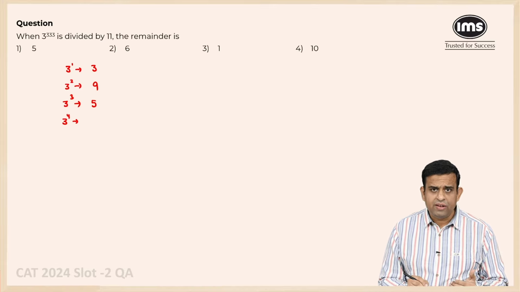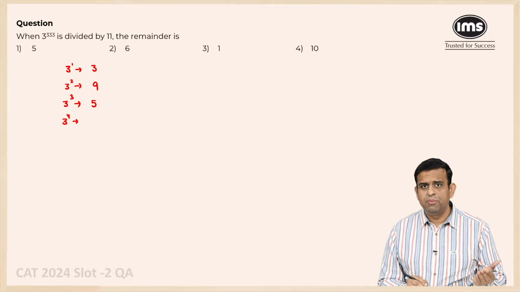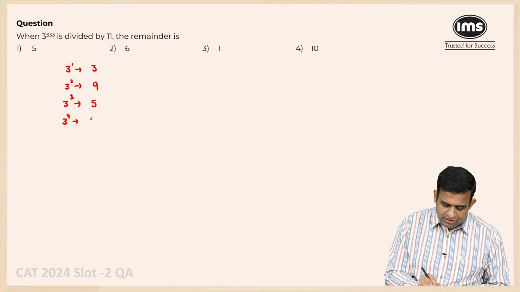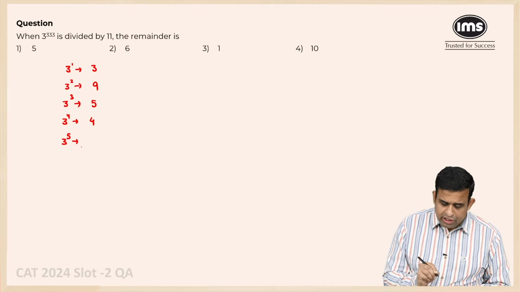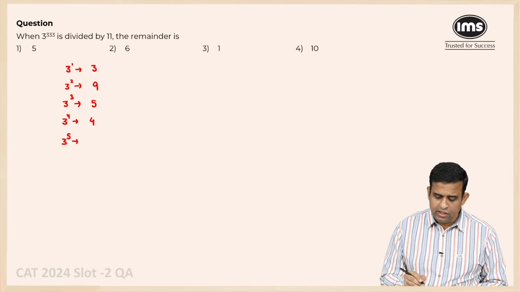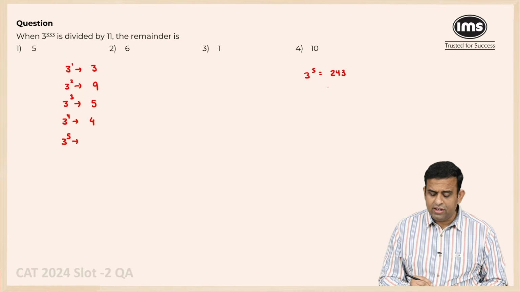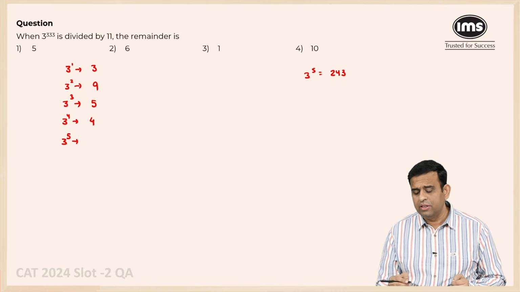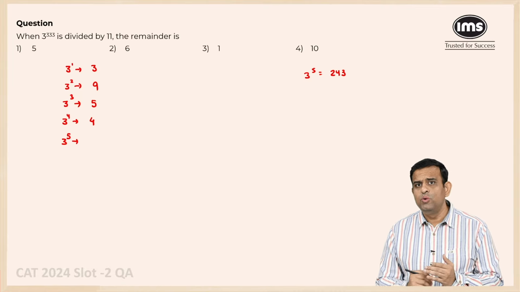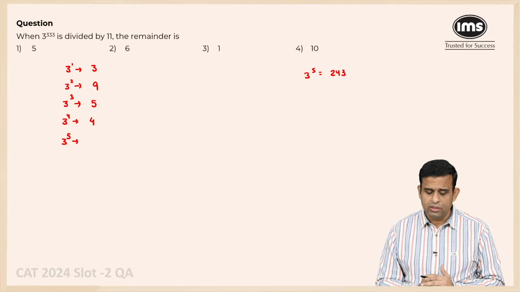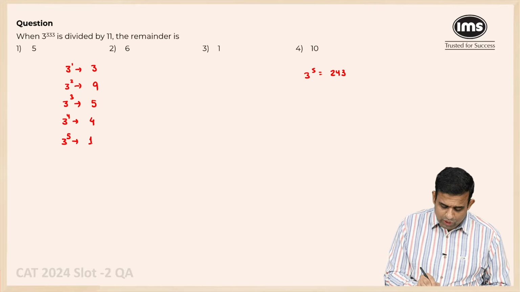When you divide by 11, 77 is the largest multiple of 11, so it will give you 4 as a remainder. Then 3 power 5 happens to be 243, and 242 happens to be a multiple of 11, so it will give you a remainder of 1.